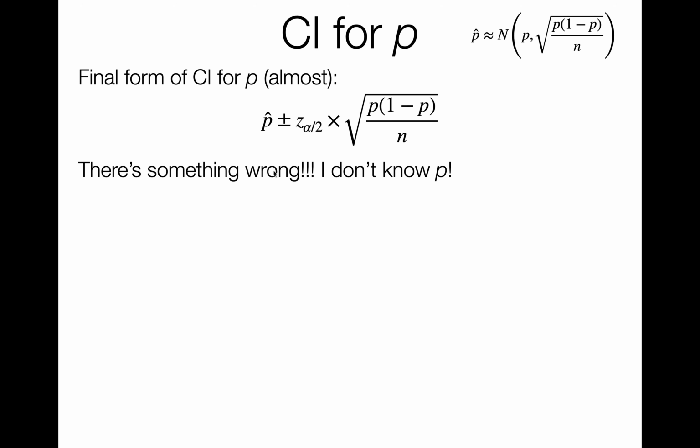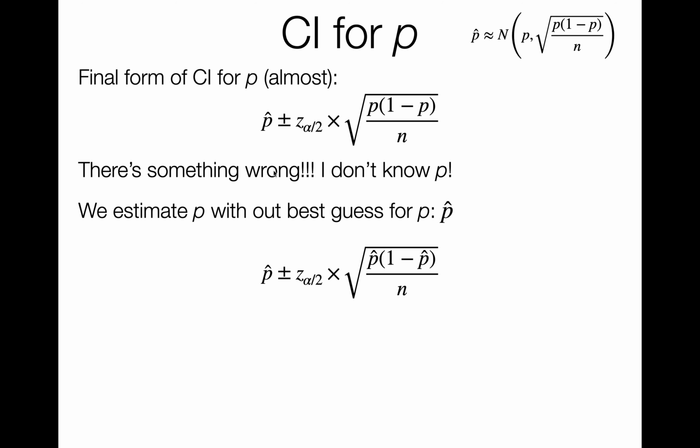So the solution to my problem is that we use our best guess for P in our formula. So we change any P that we see to P hat. I've changed the P's in the sampling distribution to P hat, because I know P hat.